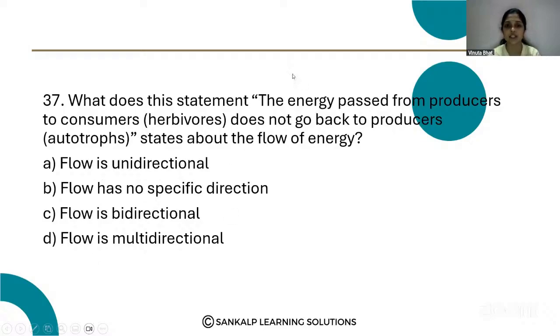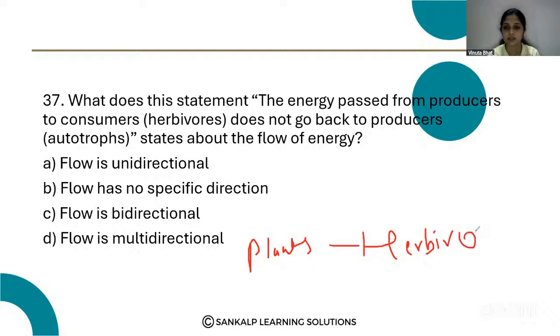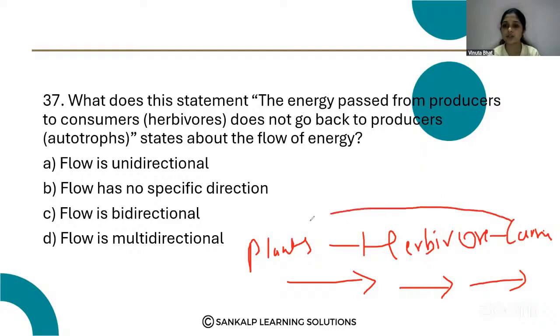Flow is multidirectional. See here, the energy passed from producers to the consumers. So plants to the herbivores, then to the carnivores. The energy passed from one trophic level to another, right? This energy does not go back to the producers, to the plants again. So this is called unidirectional flow.